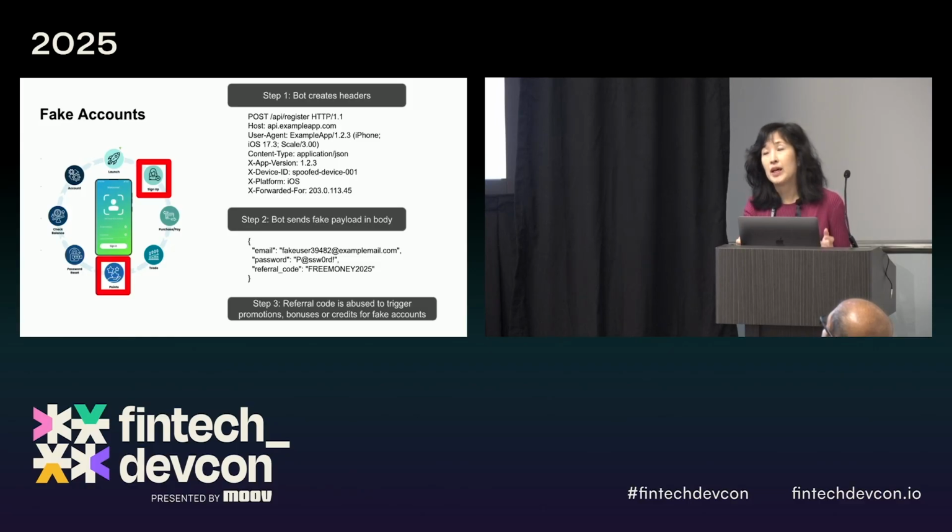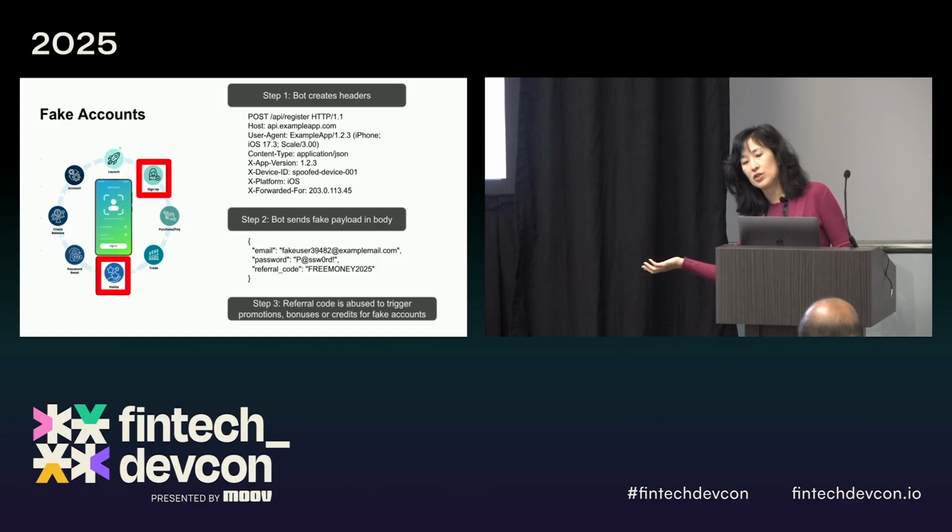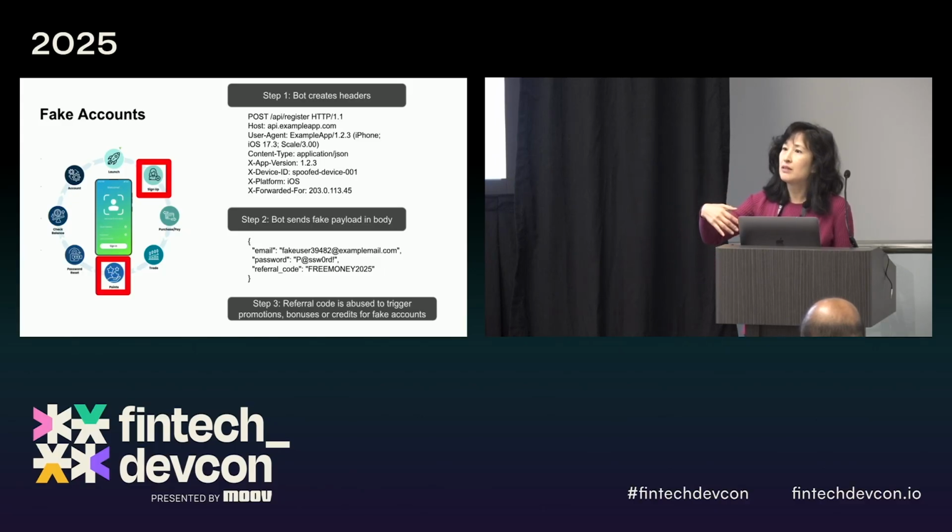And then that bot sends out a fake payload, with a fake username and password, but the tools that the company is using can't tell that these emails are fake. And then the fraudster is able to use the referral code to trigger promotions for themselves. In one case of a payment company, they've been able to create cards loaded with money that the fraudsters use to sell in the dark market.